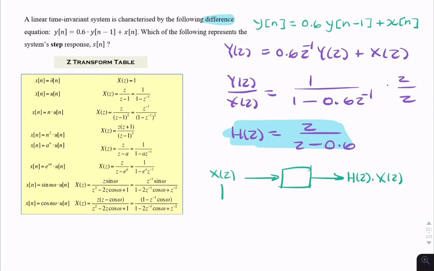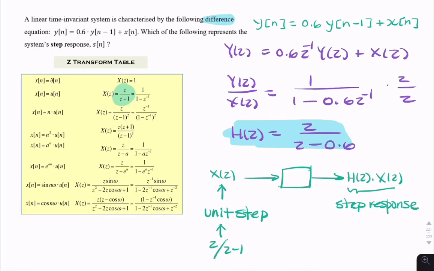If that input happened to be a unit step, then this would be the step response in the z domain. So what's a unit step in the z domain? It's z over z minus 1. So X is z over z minus 1.